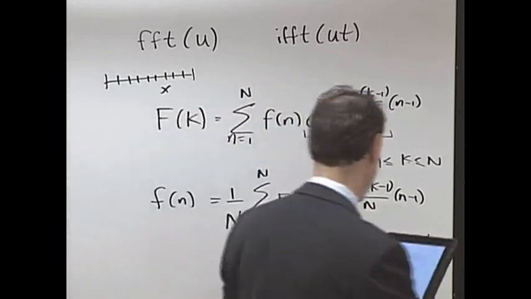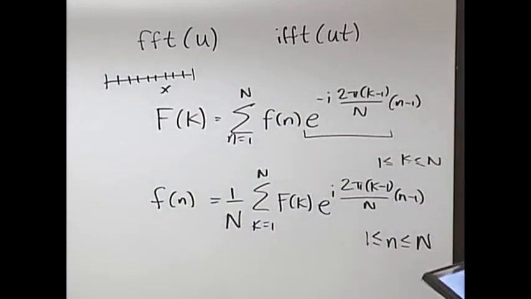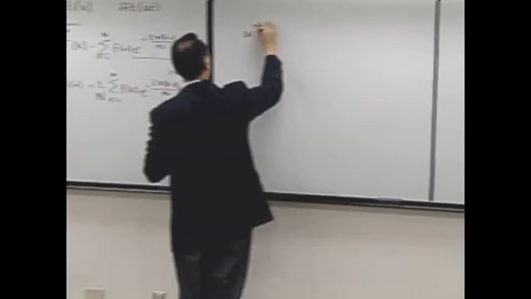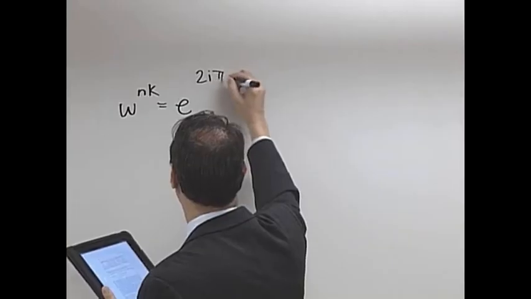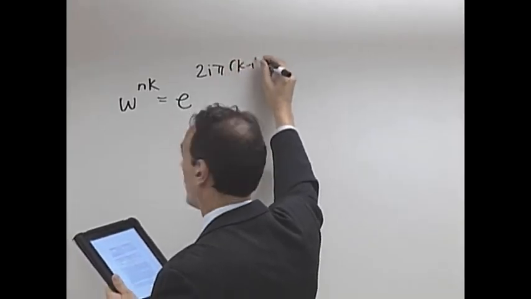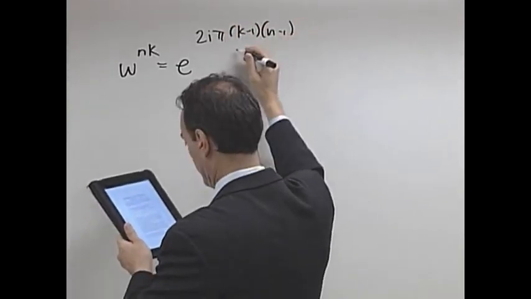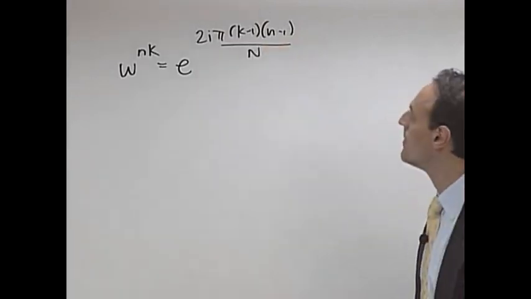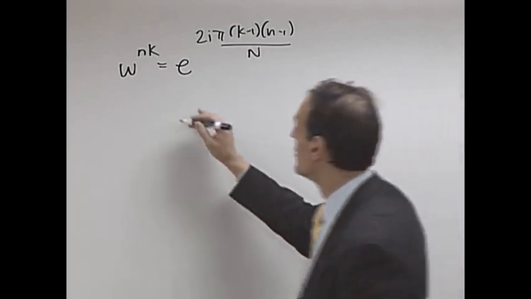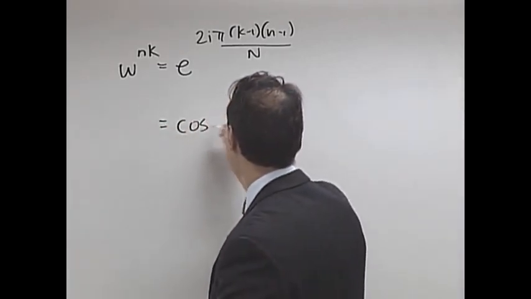So I'm going to write down this function, the following, W n k, which is equal to e to the 2i pi (k minus 1)(n minus 1) all over n. Okay? And remember, here's the observation to make. Cosine, right?